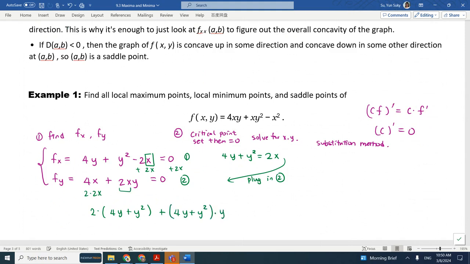And then times y. So this is what happens if we plug in that 2x is 4y plus y squared. Do you see we get an equation with only y in it? After next week, we will solve this equation.